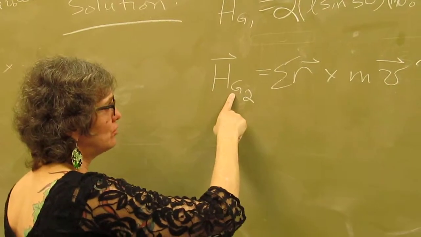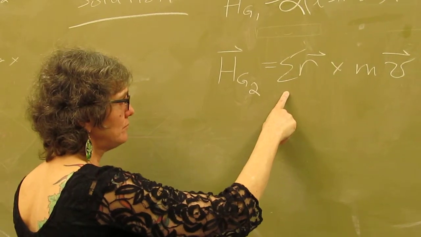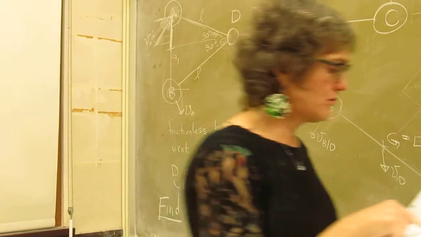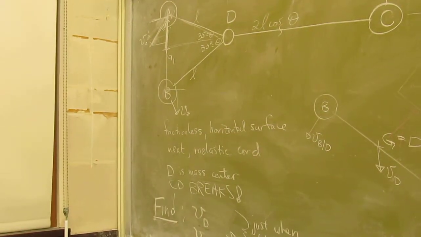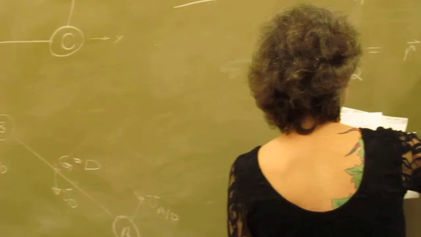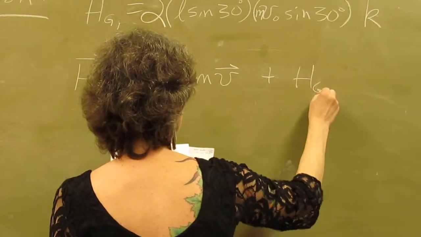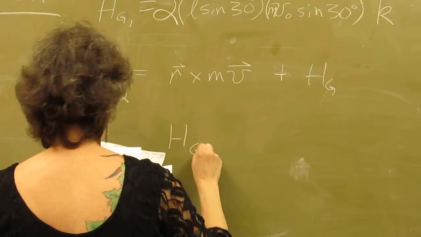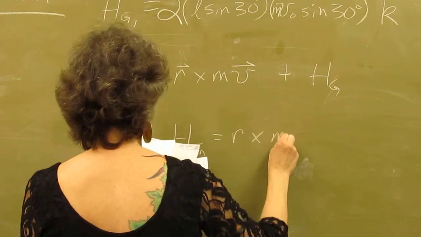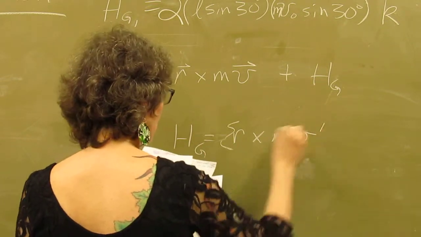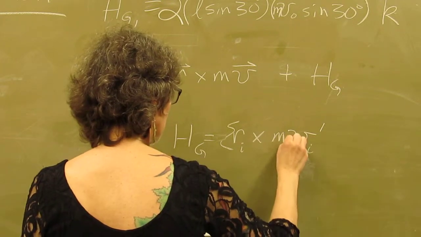So I'm going to sum up, well, if you look at the formula, there's an alternate formula. It looks like this: H_G = R bar cross M V bar, plus H_G, where H_G is the sum of R prime cross M V prime.